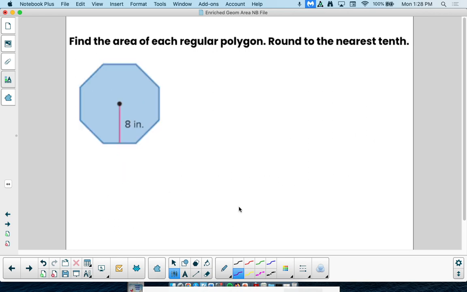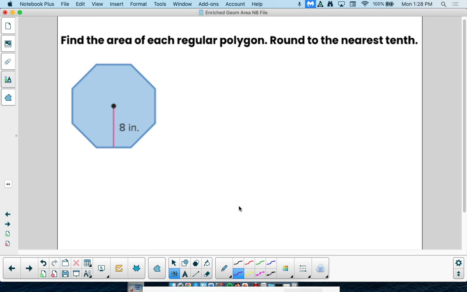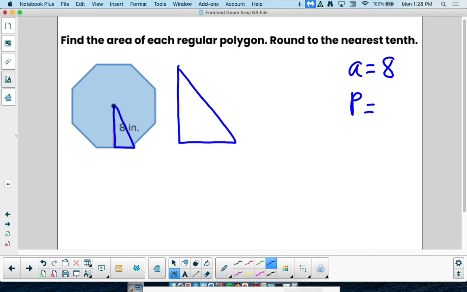All right, and our last one here, I think, is an octagon, right? Yep. Same process. Apothem and perimeter, we've got to find those first. We do know our apothem, right? 8, so we just have to figure out our perimeter. I'm going to draw out this right triangle here so I can see it better.